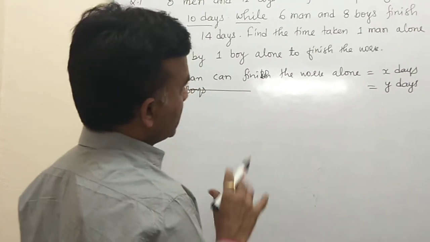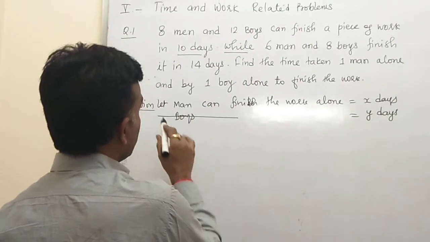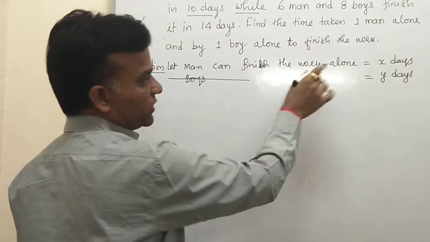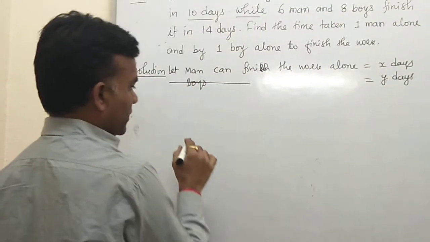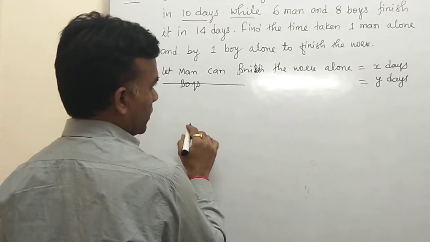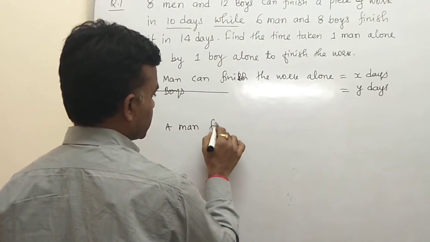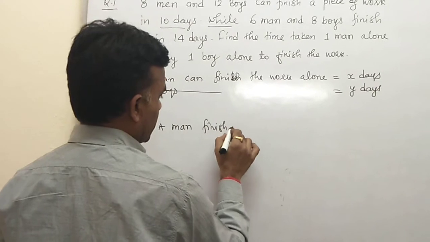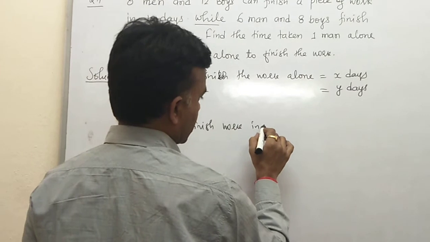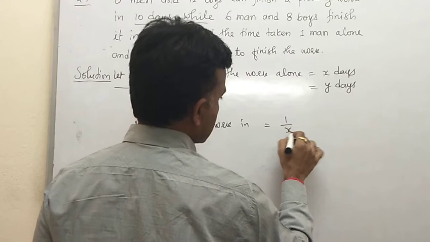So first you find the part of the work. Like 8 men, so first you find the man alone. So in one day, a man finishes work equal to 1 by x.